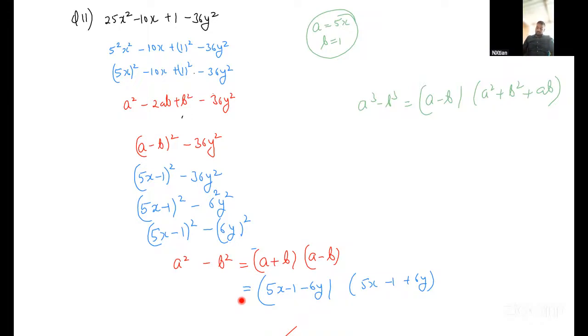Next is question number 17. A square. A8. Sorry.